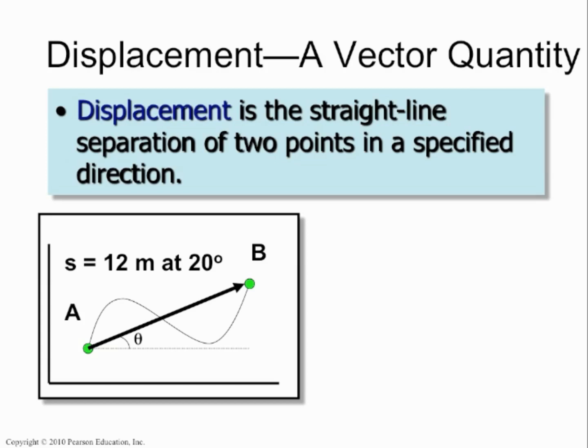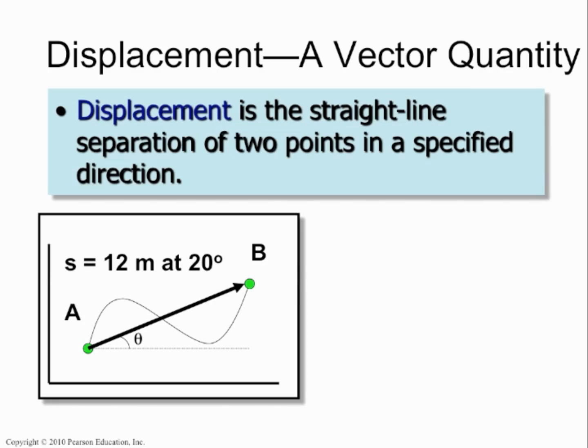And that is very different, as you can see, from the D, or distance, of 20 meters. For one thing, 12 meters is shorter because it's a straight line, but also since this is a displacement, we have to mention a direction, and that's 20 degrees.